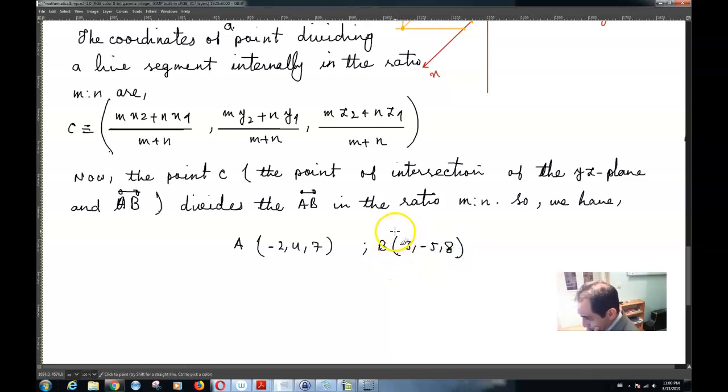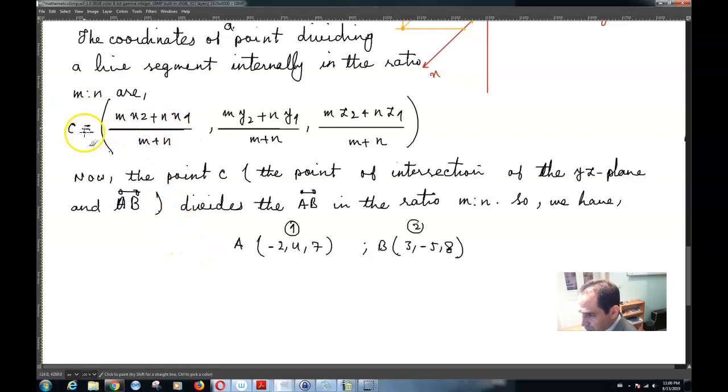Okay, so now the point C divides the line segment AB in the ratio m to n.